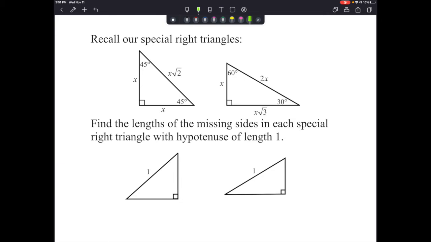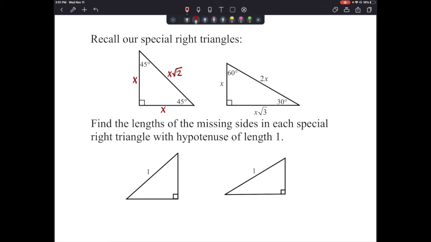Now let's recall our special right triangles. Okay, in geometry, you learned about 45-45-90 right triangles and 30-60-90 right triangles. And we knew that with our 45-45-90 right triangles, each leg is the same because it's isosceles. And our hypotenuse is radical 2 times longer than either of the legs.